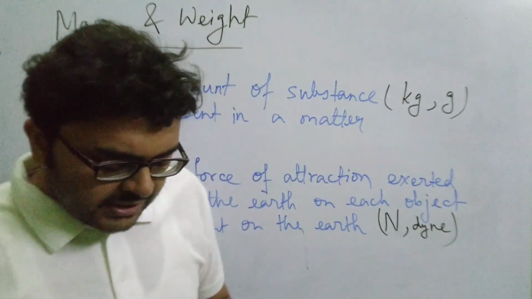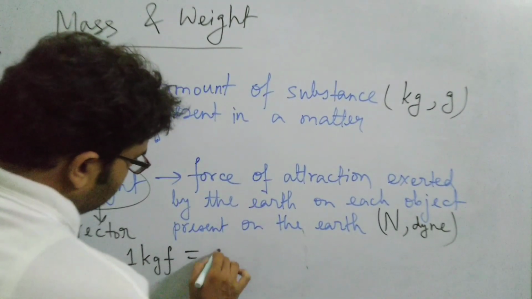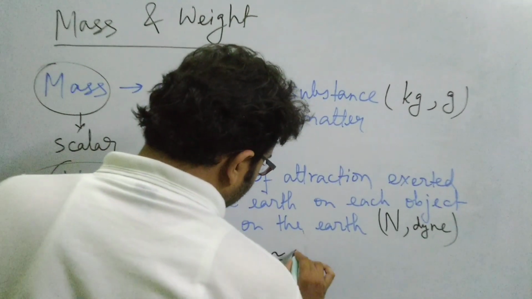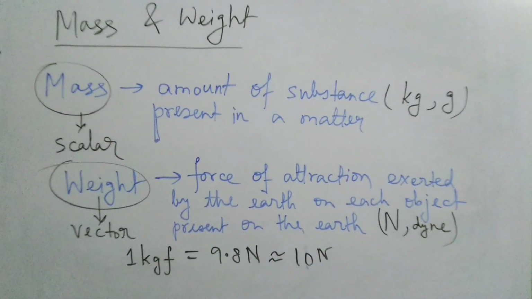So 1 kgf is actually equal to 9.8 Newton, which can be approximated as 10 Newton. So this is the unit kgf, and this is how it is related to the SI unit of weight. Okay, so these are the units.